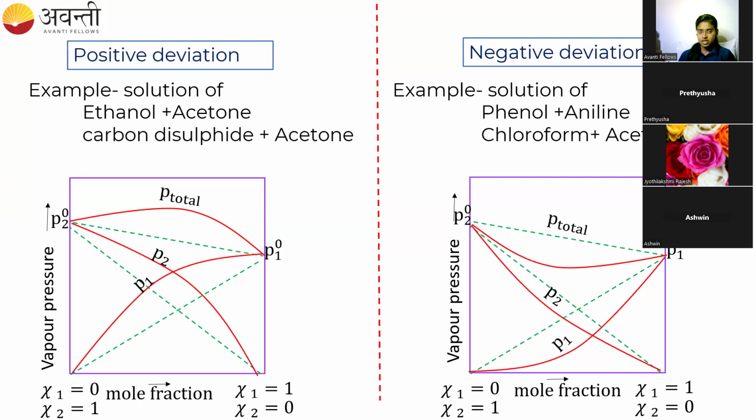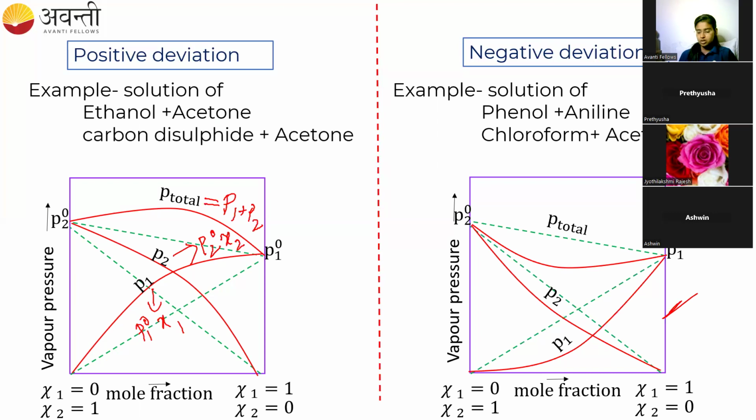This point is very important. Here we have P1 and P2, where P1 is equal to P1 naught into X1, and P2 is equal to P2 naught into X2, and P total will be equal to P1 plus P2. The same thing applies here also.